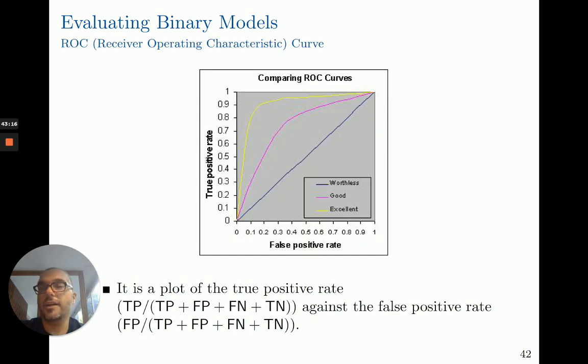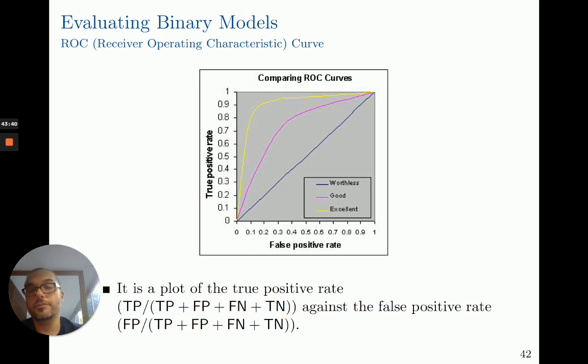The other way of looking at whether the model is good is to look at the ROC curve, the receiver operating characteristic curve. So it's the plot of the true positive rate, the true positive divided by the sum of the entries of the confusion matrix, against the false positive rate.